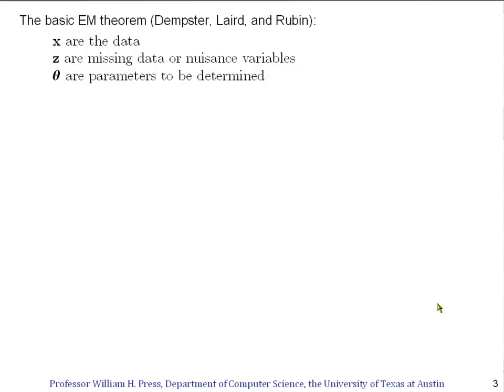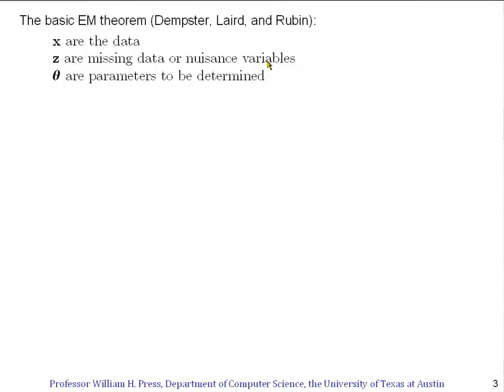So here's the basic EM theorem that's due to Dempster, Laird, and Rubin. We have some set of data, x, boldfaced as a vector. And then we also have some set of missing data, z, but z can also represent nuisance variables in the fit.